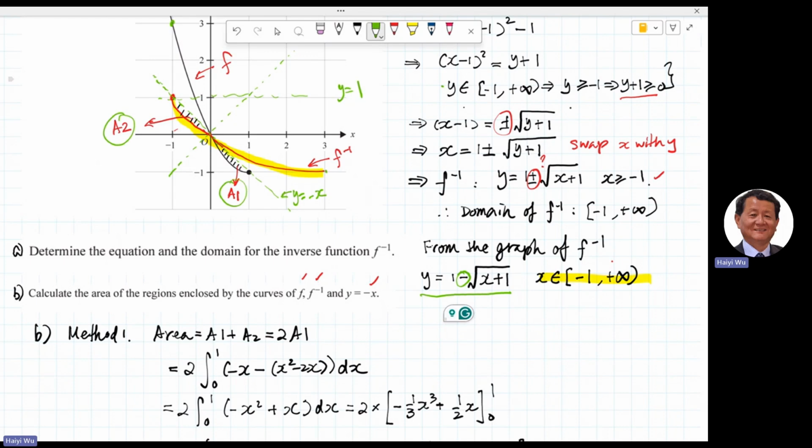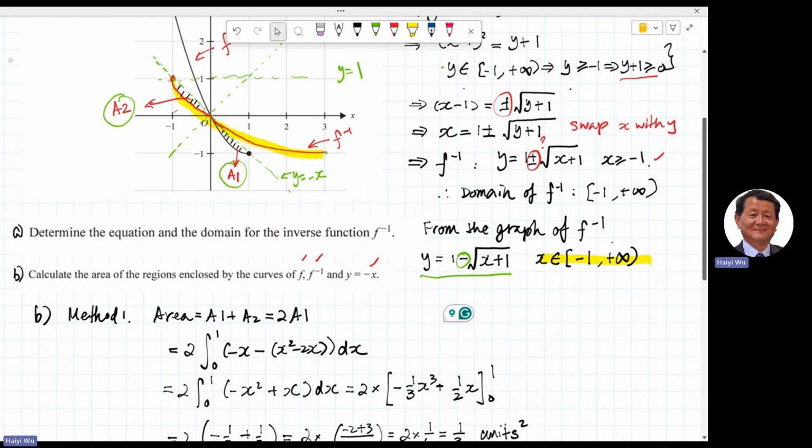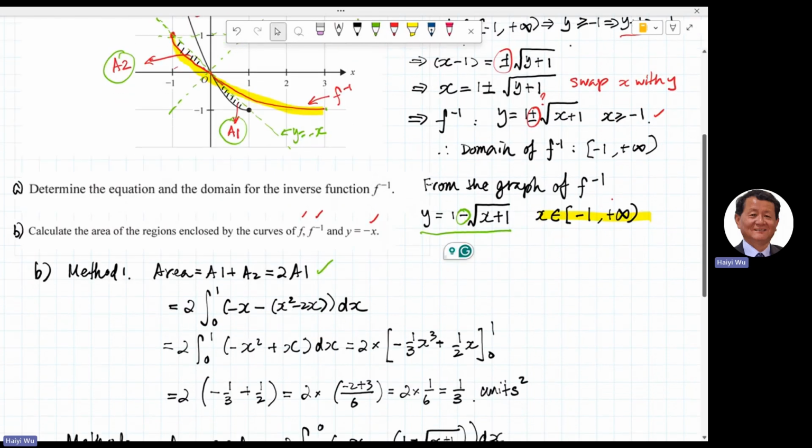You can see those two areas are almost identical. So the total area is area 1 plus area 2, which equals twice area 1. If we can work out area 1, we multiply by 2. So I'm going to integrate from 0 to 1, and area 1 equals negative x, which is on the top, minus f(x). Simplify: negative x minus x squared, and then the negative becomes positive 2x.